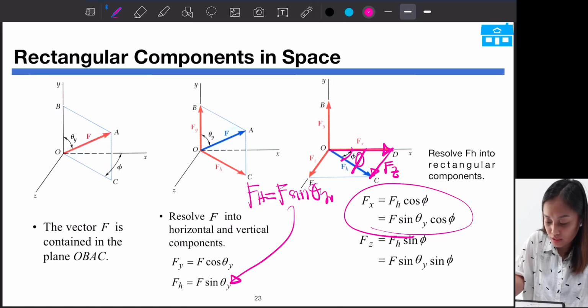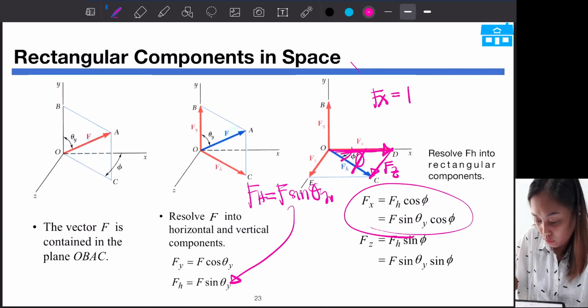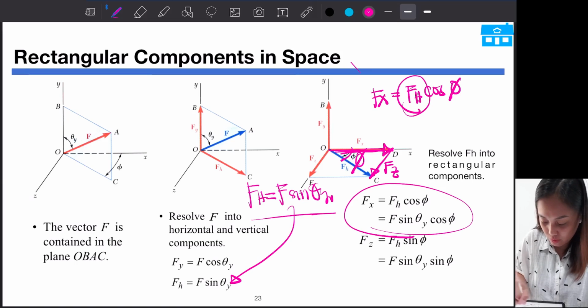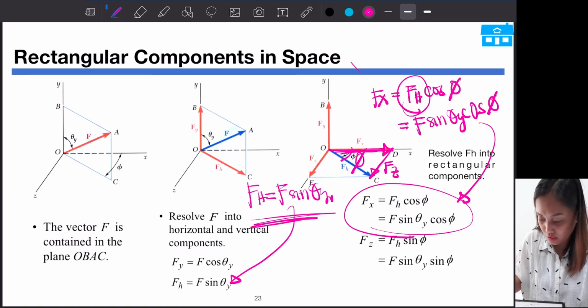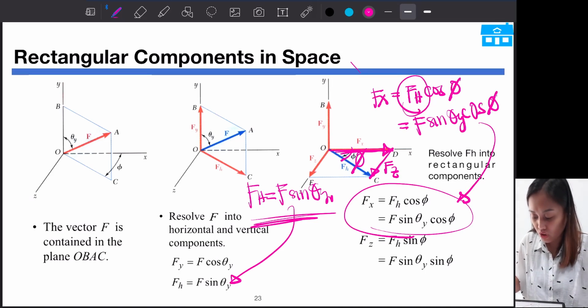Fx is adjacent to the angle. Therefore, Fx is equal to FH cosine of phi, where FH from this equation is F sine theta y. So Fx is F sine theta y cosine phi.